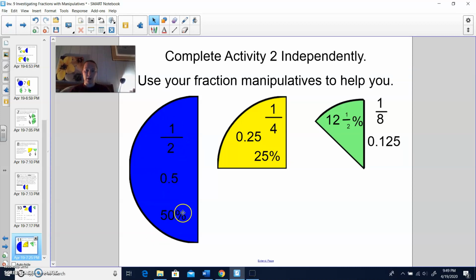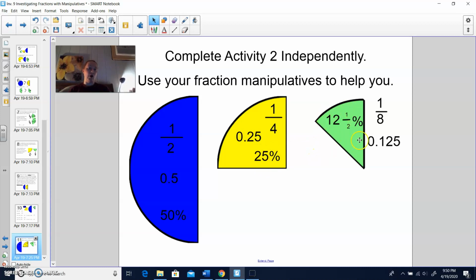On your 1/2 page, your 1/2 picture pieces have the numbers 1/2 as a fraction, 5/10 as a decimal, and 50% as the percent. Then if you look at your 1/4 pieces, each would say 1/4 as a fraction, 25/100ths as a decimal, and 25% as the percent.